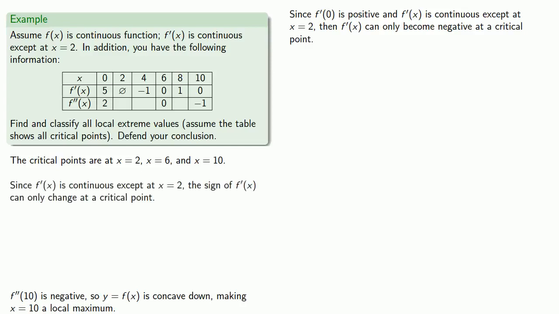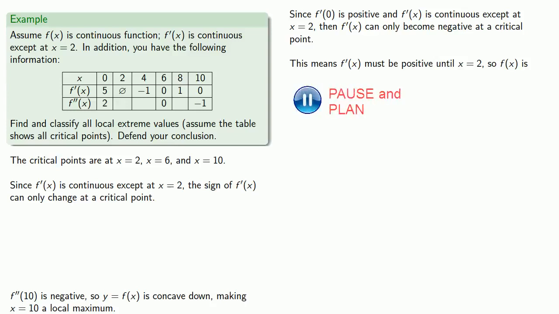Since f prime of x is continuous except at x equals 2, the sign of f prime of x can only change at a critical point. And so this means that since f prime of x is positive at x equals 0, it has to stay positive until x equals 2. And since the derivative is positive, then I know f of x is increasing until we get to x equals 2.